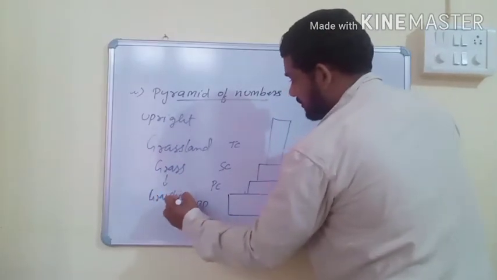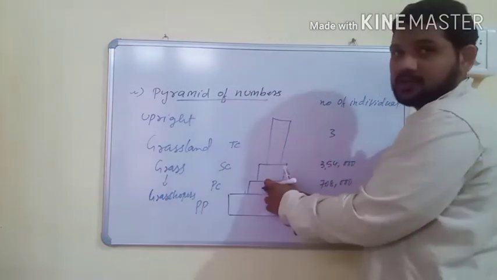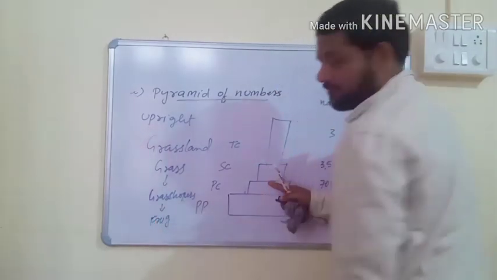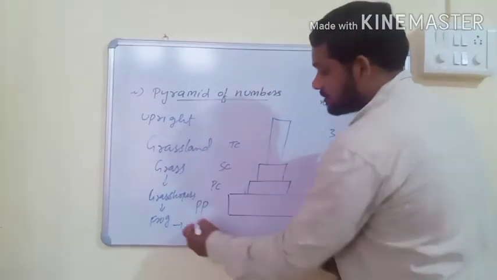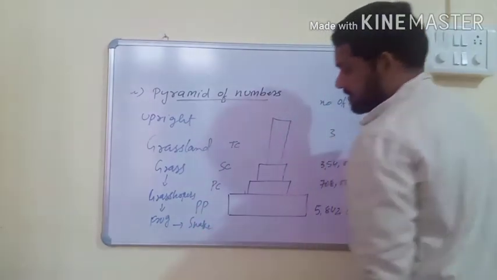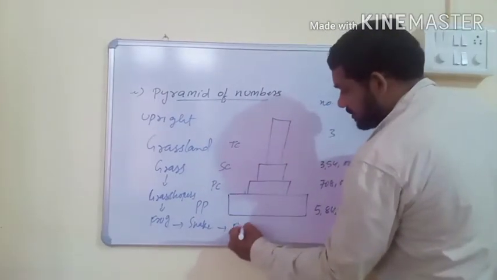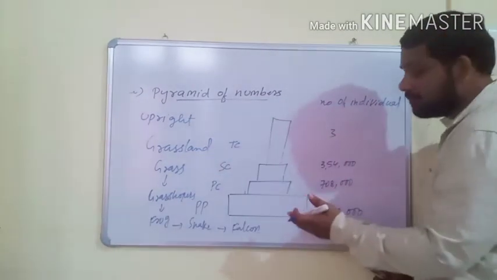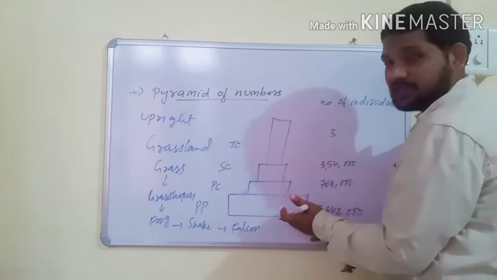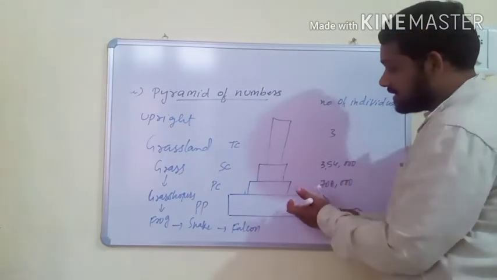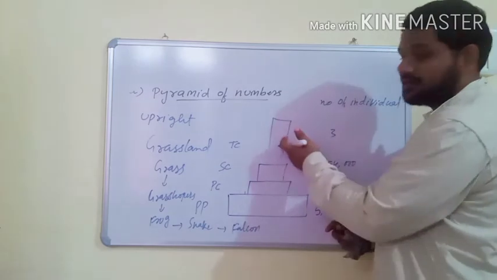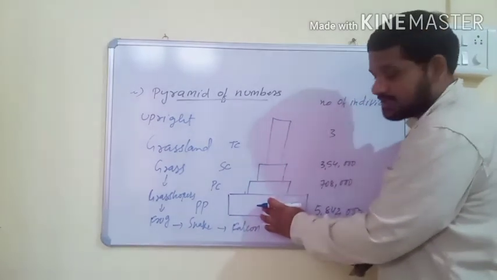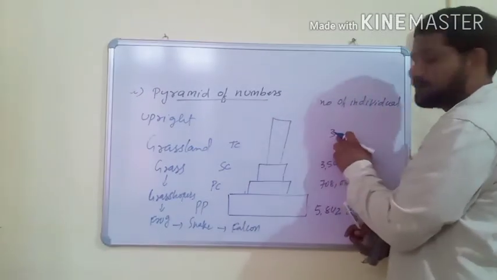Grasshoppers are present at herbivorous level, and a few grasshoppers support very few frogs, and very few frogs support very less number of snakes, and very less number of snakes support comparatively very few falcons. That means the number of individuals decreases with rise in trophic levels. Maximum number of individuals are present at base level, and very less number of individuals are present at top carnivores.